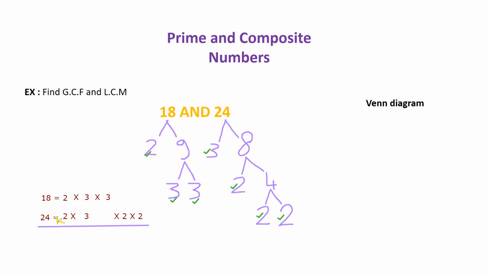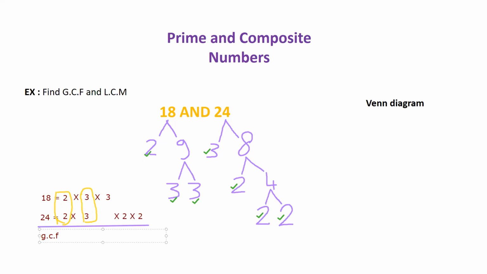So we will take it as only 1, 2 because they exist above each other. Like that. And here we have 3. So the GCF equals 2 times 3, which will give you 6. So this is the greatest common factor.